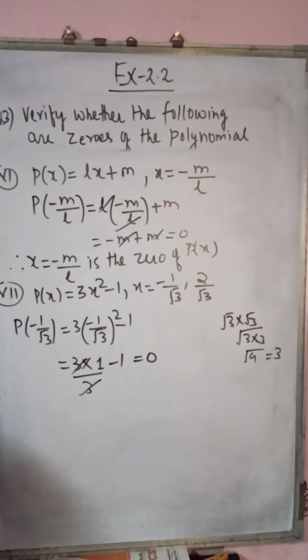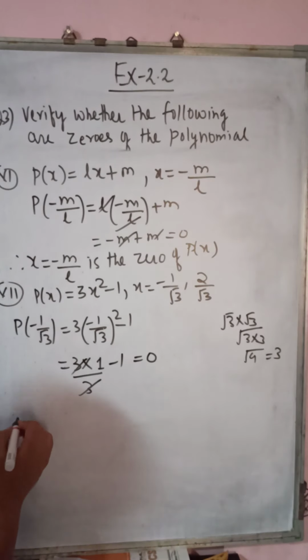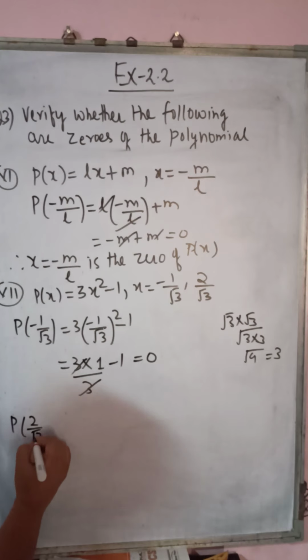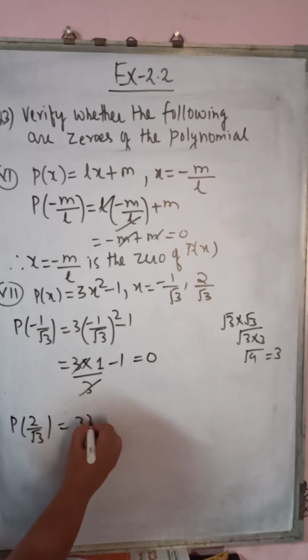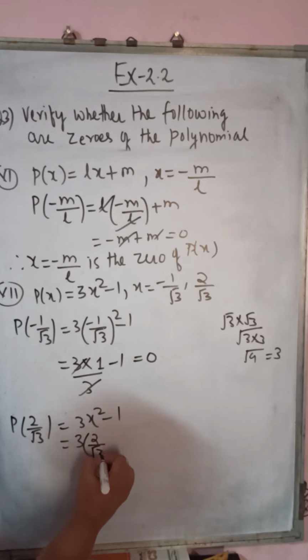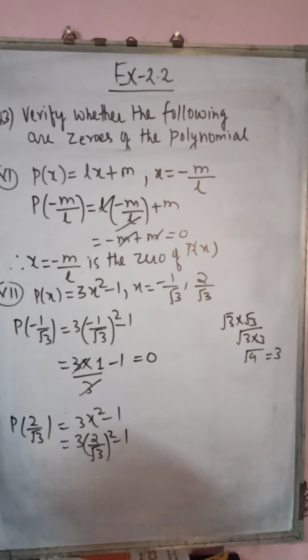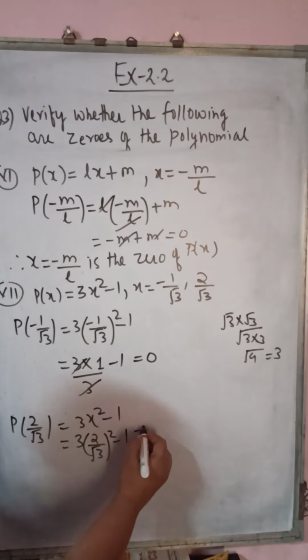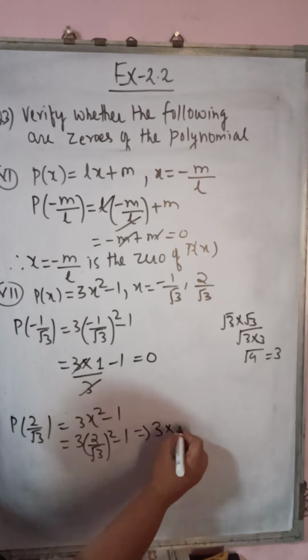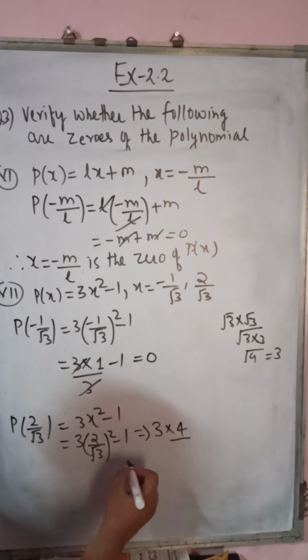Okay. Now we'll check p of 2 by root 3. So 3 into, what is the polynomial? 3x square minus 1. So 3 into, in place of x, we put 2 by root 3 square minus 1. Now this implies 3 into, what is 2 square? 4 by, what is root 3 square?